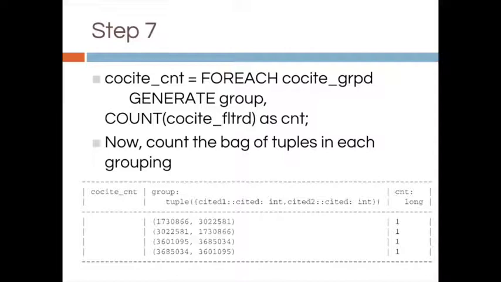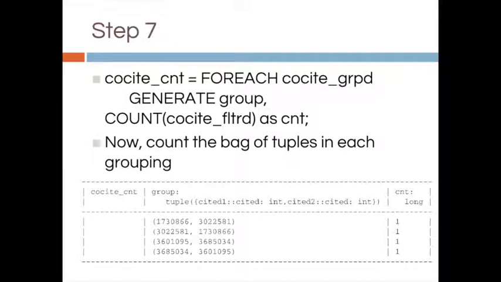In step 7, for this step, we will just take that table and create a new one out of it, where for each of those entries of patents being cited together, we will count the number of entries in that bag of tuples, where that represents the number of times each of them got cited together. And we will call this new column CNT for count.